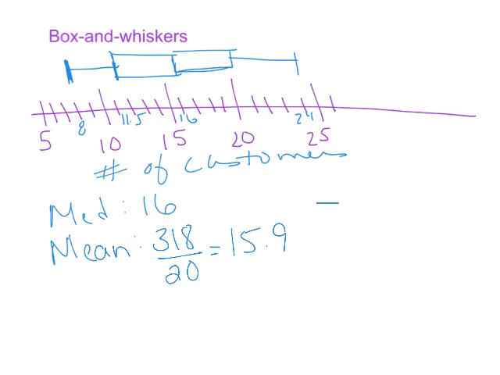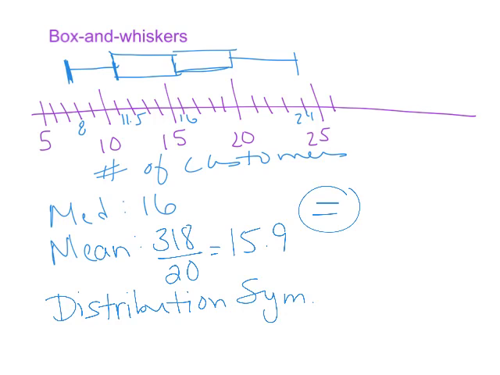So they are equal. So looking back at our notes, that means our distribution is symmetric. That means our shape is symmetric.